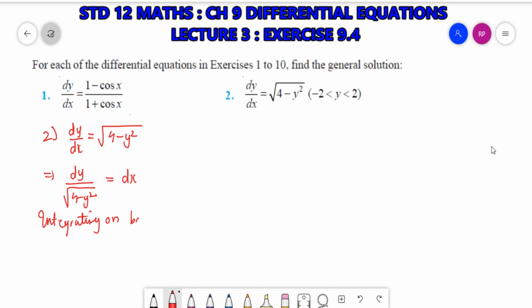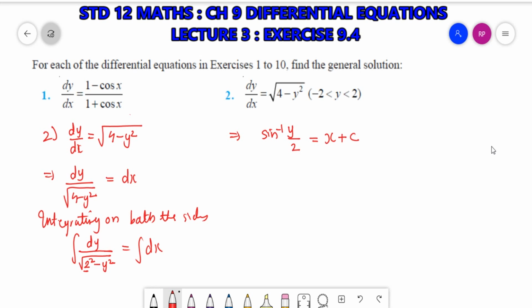Integrating on both sides. What is the formula for integration of 1 upon root of a square minus x square? Sine inverse. So this will be equal to sine inverse y by a. What is a? 2. Equal to integration of dx, x plus c.